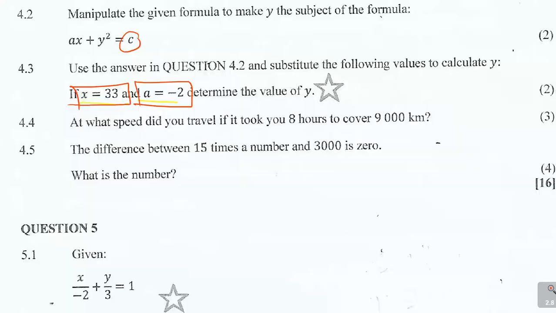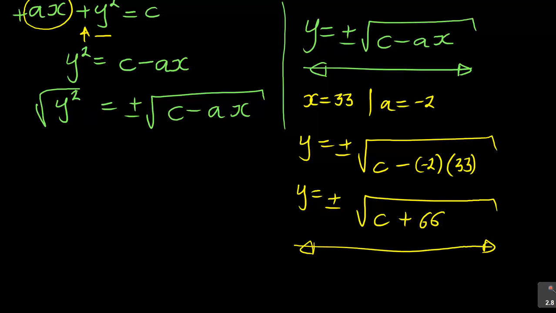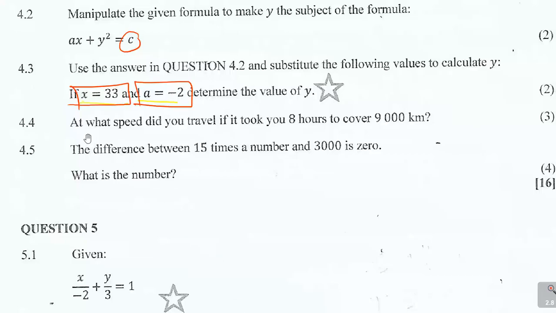Alright, 4.4 says, at what speed did you travel if you took 8 hours to cover 9,000 kilometers? So let me look at this. They are saying, at what speed did you travel if it took you 8 hours to cover 9,000 kilometers?